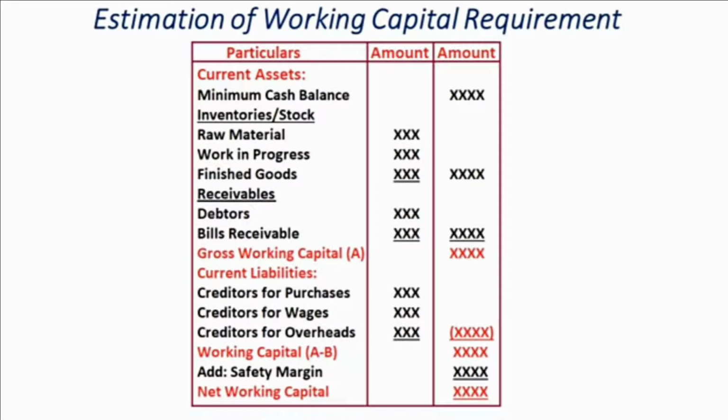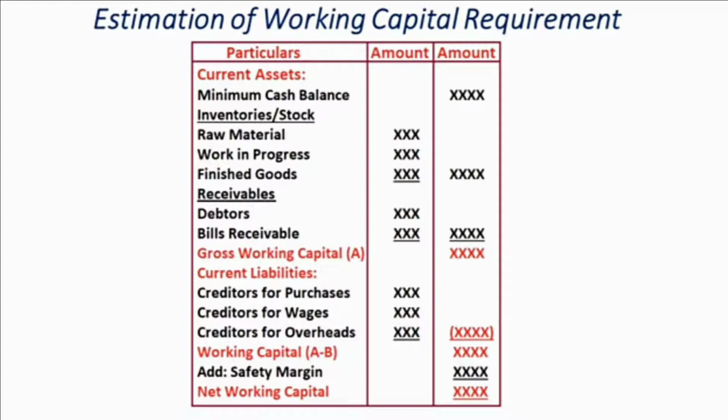So, this is the format for calculating the working capital requirement, where the table starts with current assets, where we consider minimum cash balance, inventories or stock that includes raw material, work in progress, finished goods, receivables from debtors and other bills receivables.